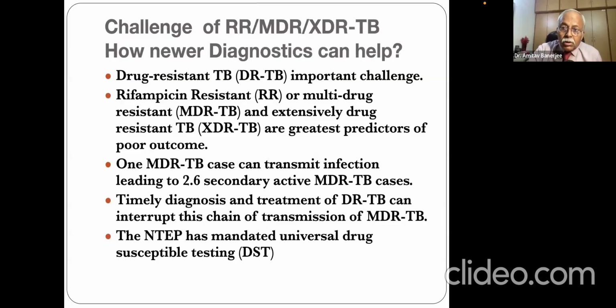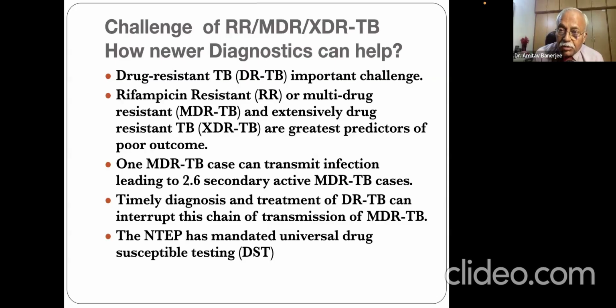So this is one aspect: we have the technological solutions, we have the drugs, but we should also have good administrative backup, good logistics. Then the challenge is drug resistance tuberculosis. Rifampicin resistance or multi-drug resistance tuberculosis and extensively drug resistant tuberculosis are the greatest predictors of poor outcome.